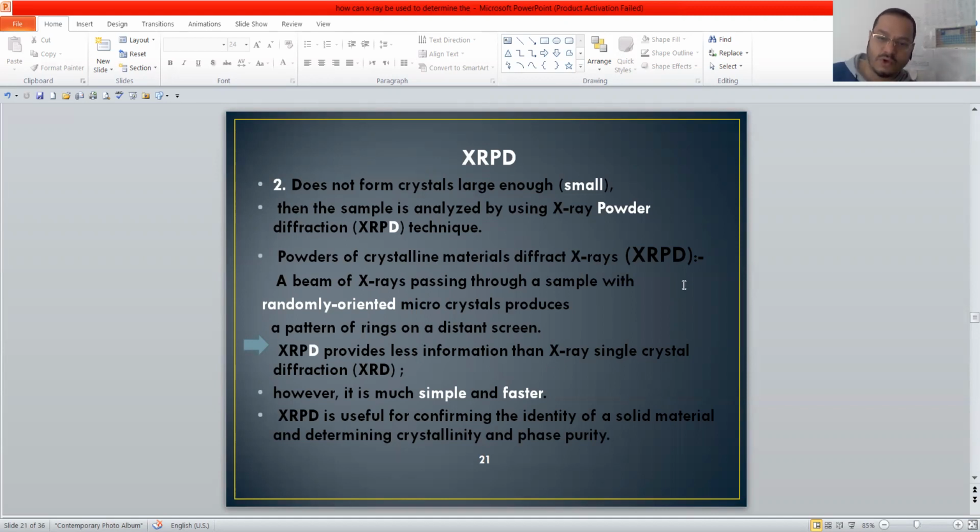That's enough for us, because we want to know the kind of solid material, its crystallinity, and its phase purity, and at the same time it can deal with small atoms by a simpler and faster method than X-ray diffraction.